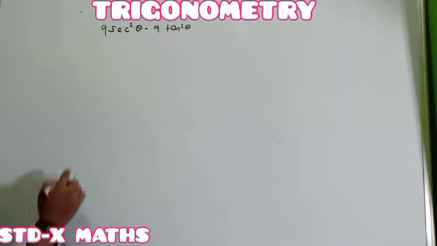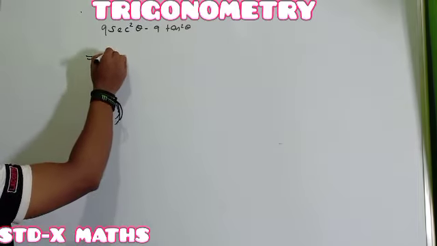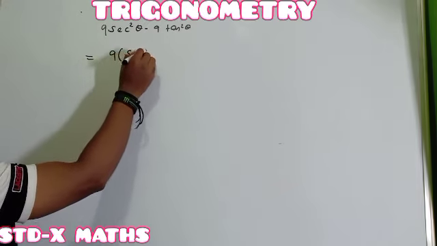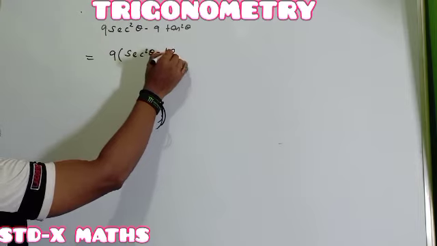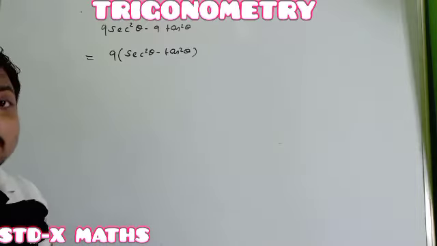First trick I said: always go on searching for the trigonometric identity. See, here one trigonometric identity is in hidden form. After taking 9 as common, here it is sec square theta minus tan square theta. You will say, sir, out of the 3 trigonometric identities, this one is not in anyone's form.